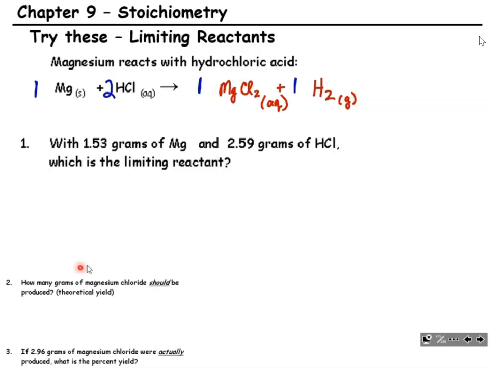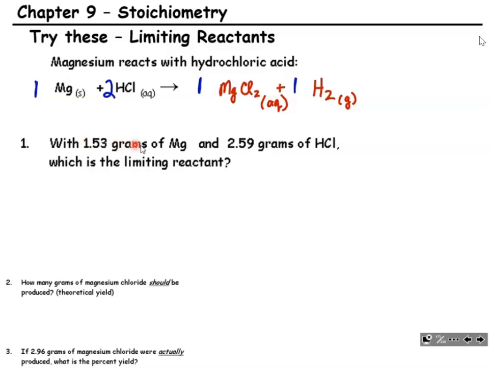If I got 1.53 grams of Mg and 2.59 grams of HCl, one of those two things is going to run out first, and then the reaction will stop. And that will determine how much product we get. So to figure that out might not be so obvious.